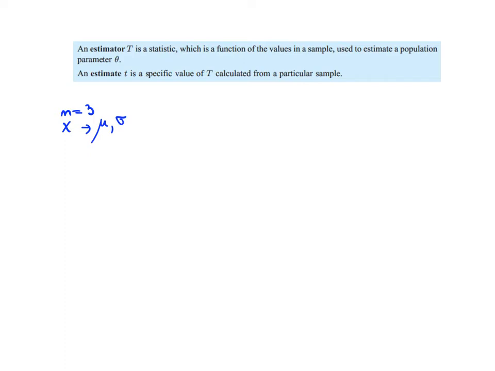One rule I can use is the one that we used before, and it's more logical. I take the mean of the 3 variables. So whenever I get a sample of size 3, I calculate the mean. That particular mean, which is a number, is an estimate. I will write that T, if my estimator is T, will be (x1 + x2 + x3)/3. It's exactly what we wrote before.